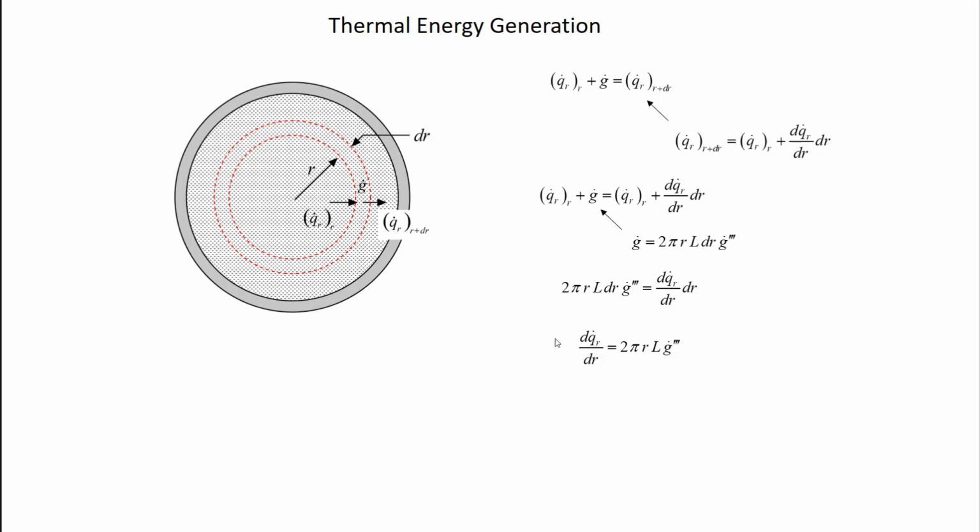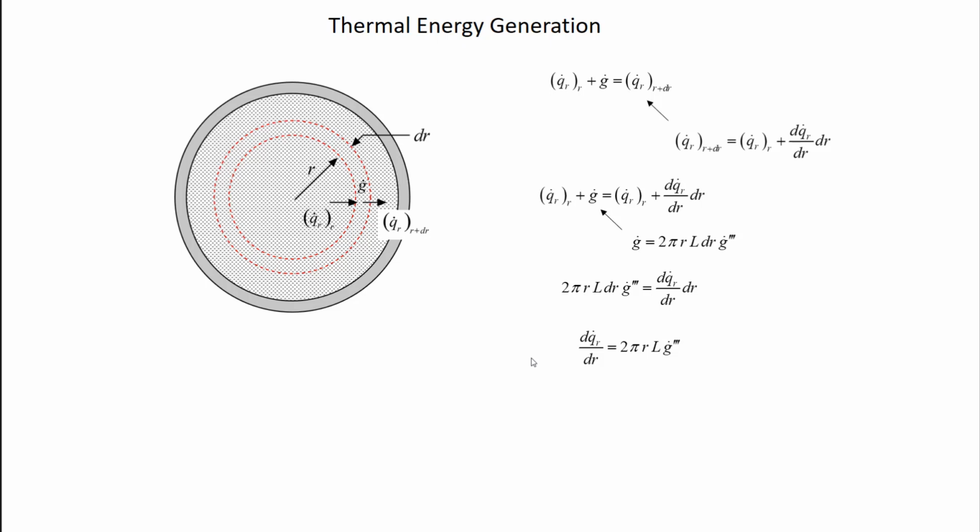When we did this before, I think two or three lectures ago, for a cylindrical shell that wasn't undergoing any kind of thermal energy generation, we found that dq dot r dr, the derivative of the rate of heat transfer in the r direction with respect to r, was equal to 0.